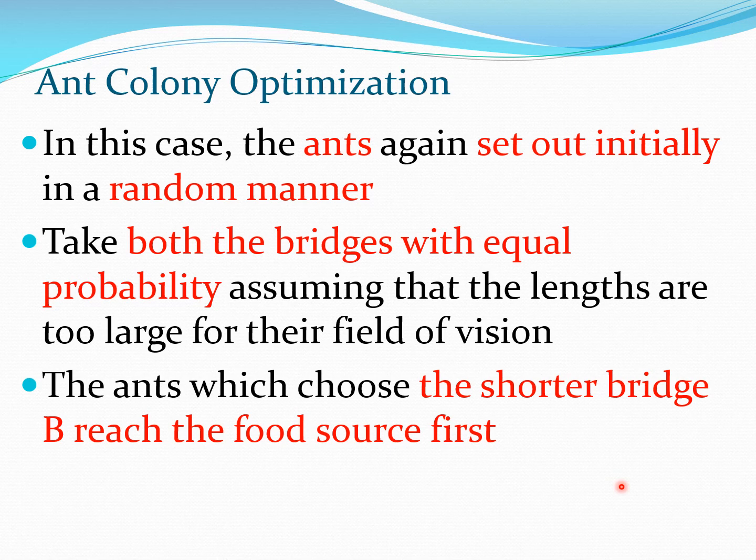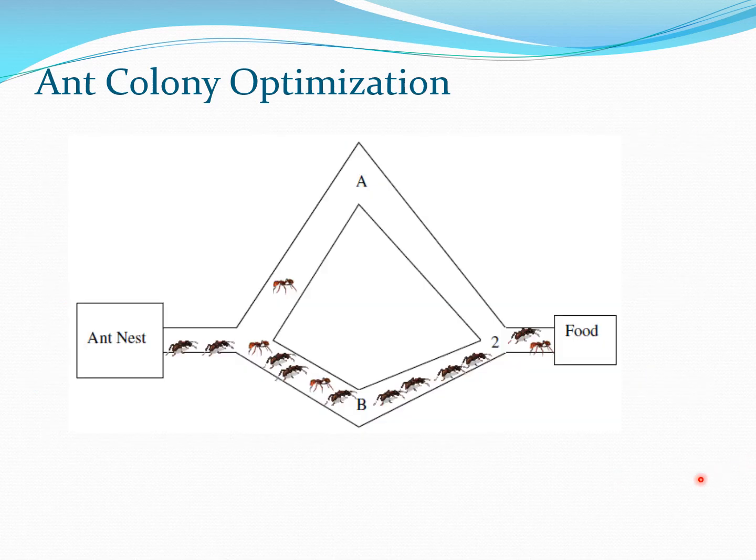Now in this case, ants once again set out in the random manner. They take both the bridges with the same probability. Here we are presuming that their field of vision is too small compared to the length of the bridge. And the ants which choose the shorter bridge B will reach the food source first and they will come back.